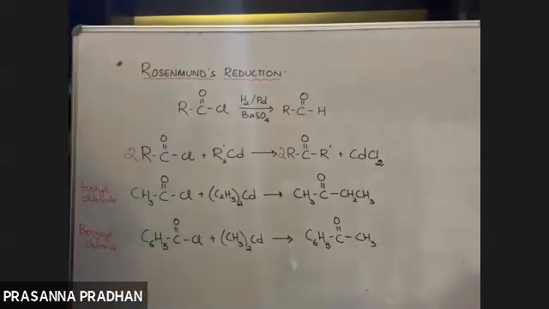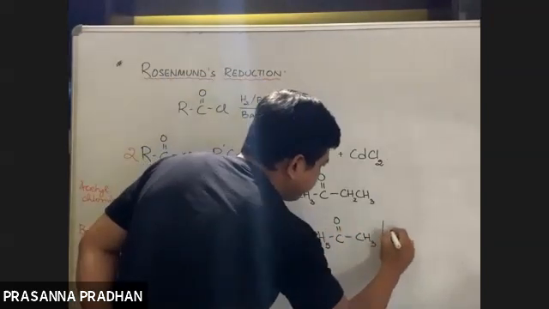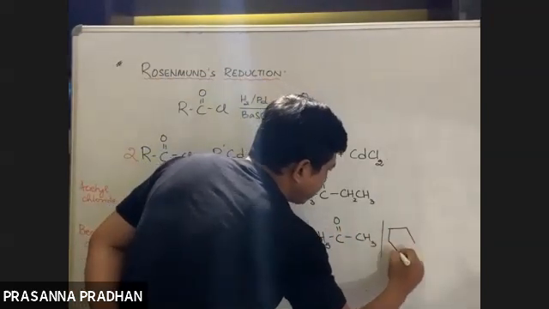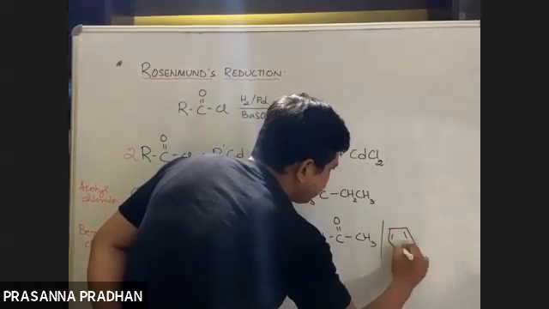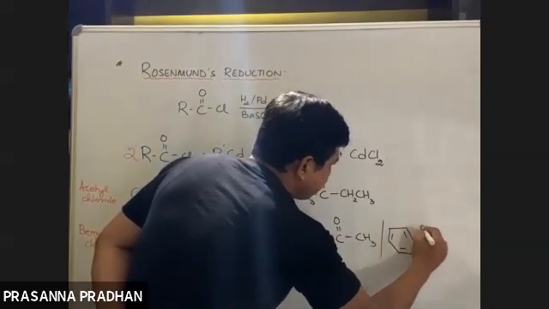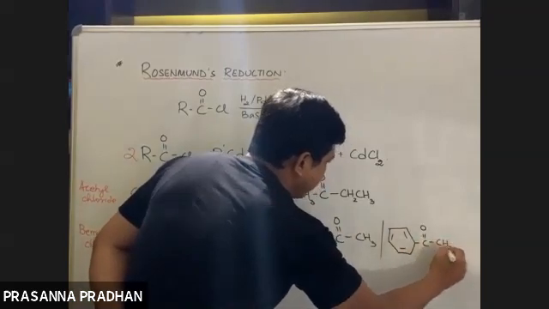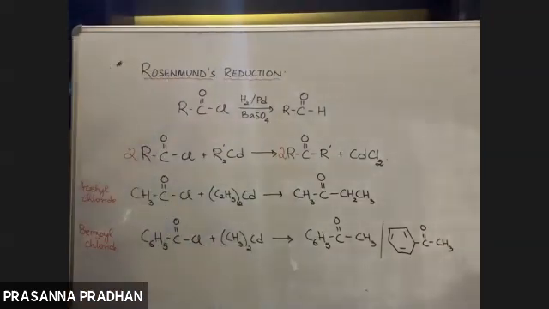C6H5COCH3 is acetophenone. C6H5 means we have a phenyl ring here. If I draw the structure, it will look like this: phenyl group, C double bond O, CH3. So not only aldehydes, ketones can also be obtained starting from your acid chlorides.